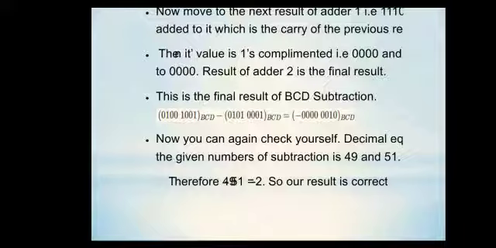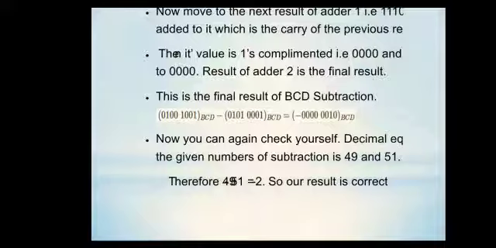Here 0100 means 4 and 1001 means 9, that is 49, minus 0101 and 0001 means 51. Here the lower number is subtracted from the higher number. 49 minus 51, we get the negative resultant value, that is 0 3. Now you can again check the decimal equivalent.